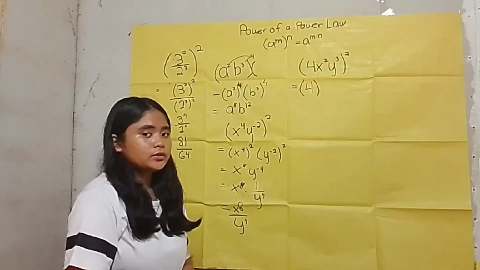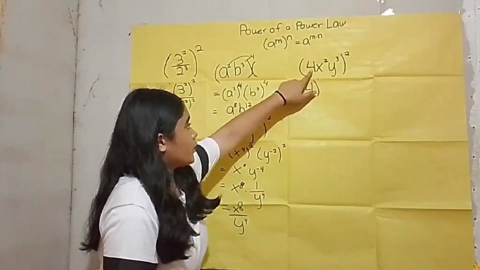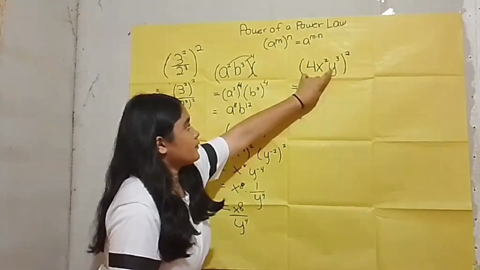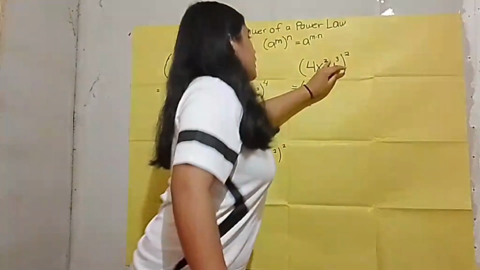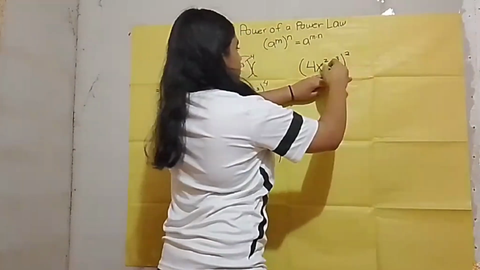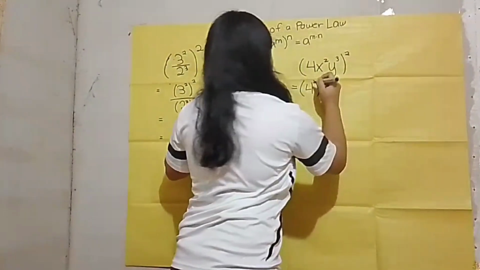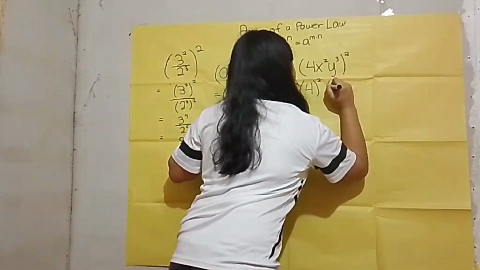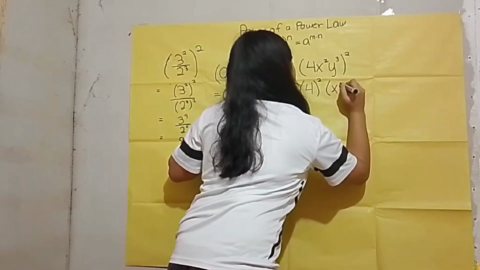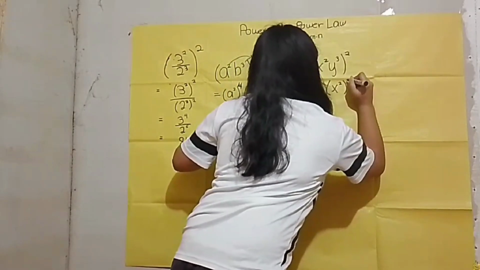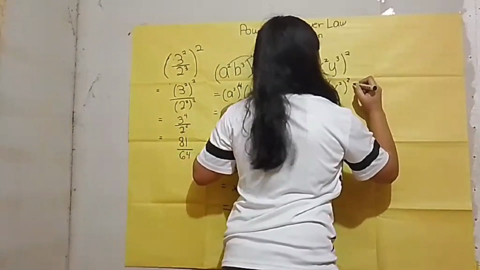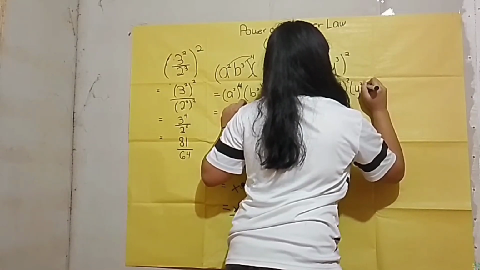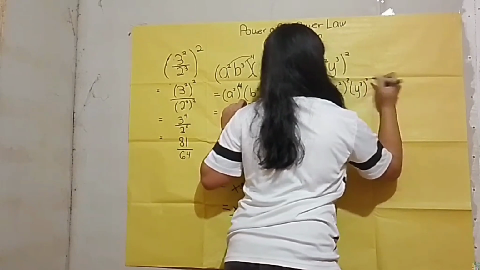So the next example, we have 4x squared and y cubed, parenthesis to the power of 2. Same as before, we use the distributive property. So 4 to the power of 2, and x squared, parenthesis to the power of 2, and y cubed to the power of 2.